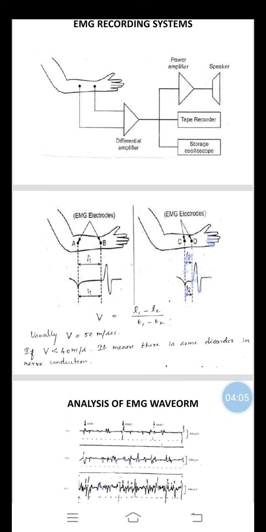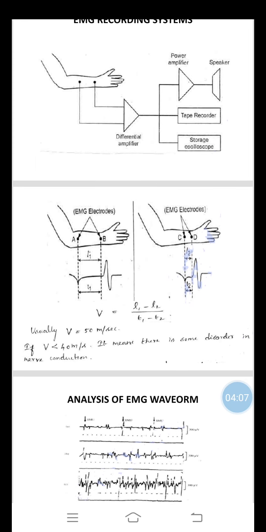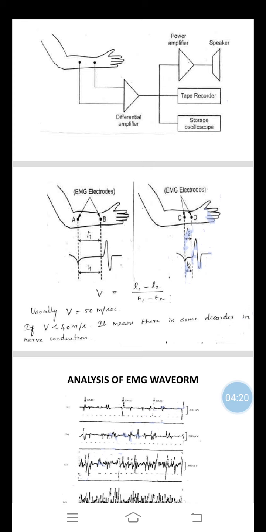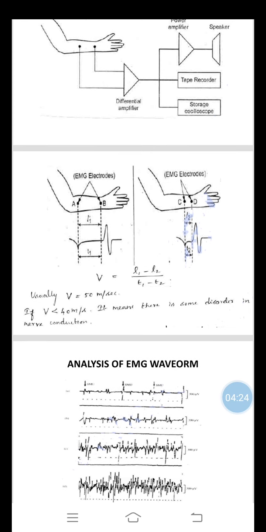Similar to this, we place the electrodes at points C and D. The distance between C and D will be L2 and the time taken to record the signal is T2, from which we can calculate the velocity V equal to L1 minus L2 by T1 minus T2.